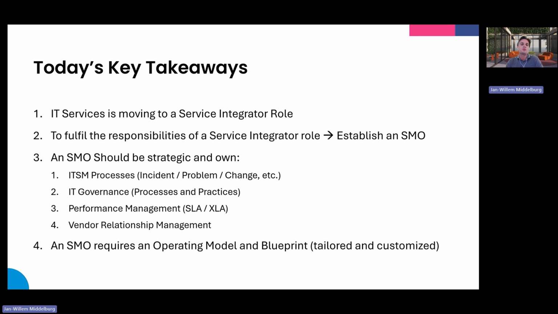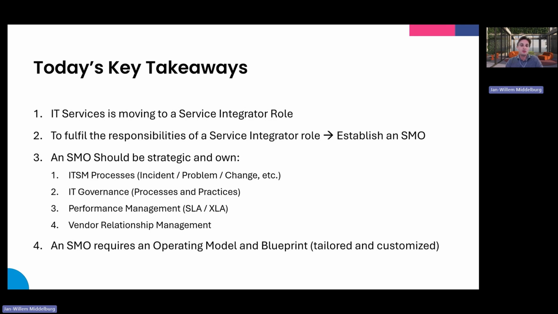One of the key reasons why SMOs are so important today is because the world of IT services is moving towards a service integrator model, which I depicted through the CM picture. And that means that a service delivery organization moves more and more towards a service integration role. There's very many reasons for this, but most importantly, it is because different companies specialize in different things, and a supporting organization cannot have knowledge in all those things combined.